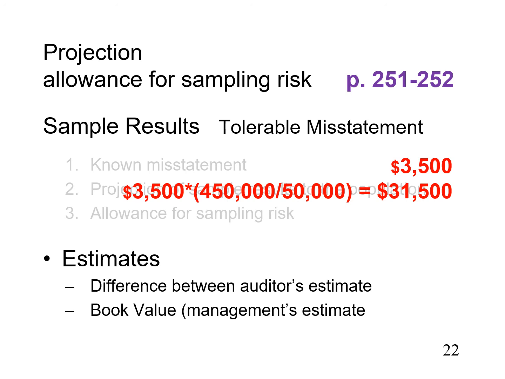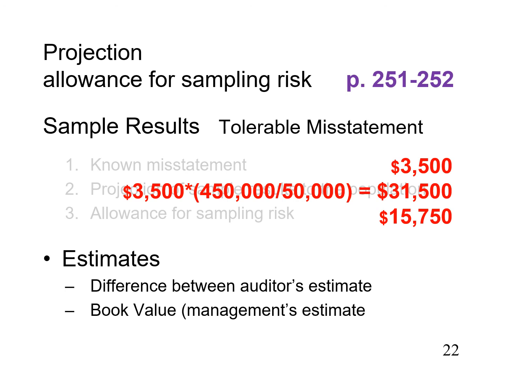But we know whenever we use statistics, there's a possibility that we're going to be wrong, reach the wrong conclusion. So we have an allowance for sampling risk. In this case, it's 15,750. Now, we could use statistics to calculate what that should be.